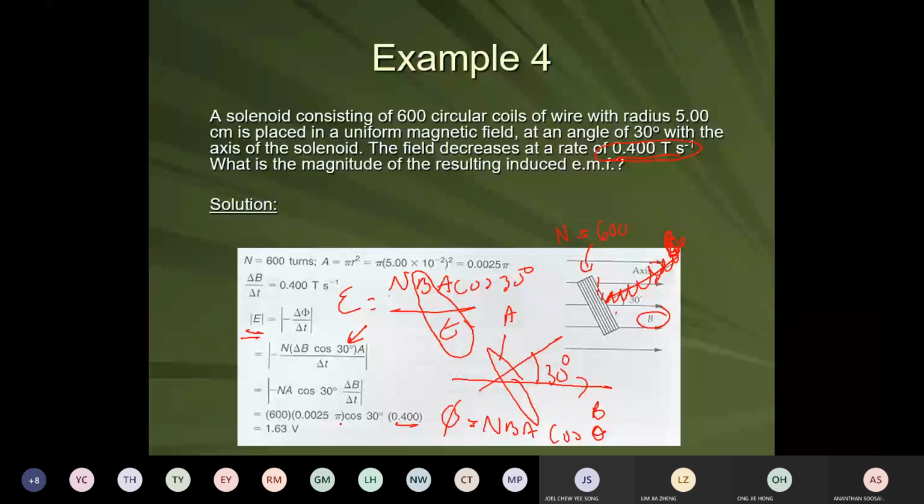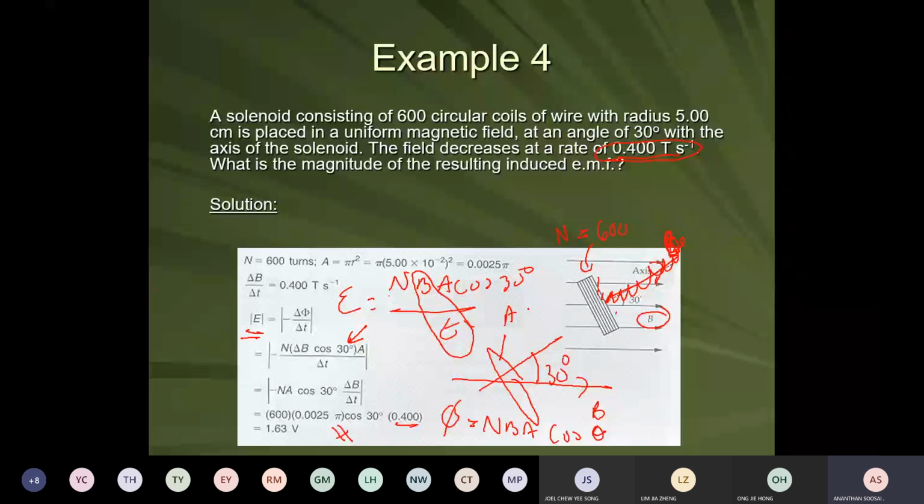The 5 centimeter is the diameter, so change to radius, 2.5. In meter it is 0.025, sorry, 0.025 in meter. So put that value, and you get the area of 0.0025. So you get 1.63 volt.